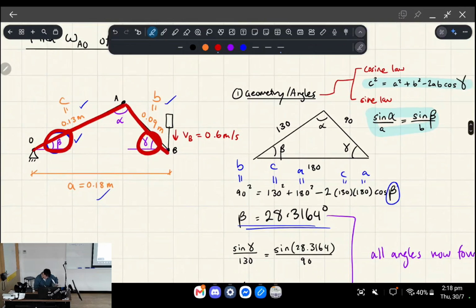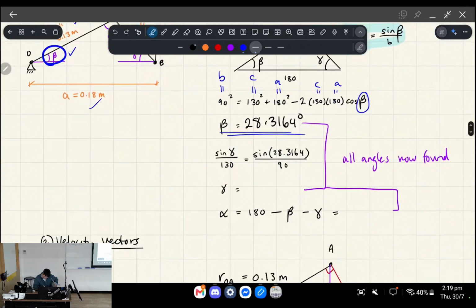We know C, B, and beta, and we don't know gamma. So our sine law, and how we apply it, is going to be this fraction, and we're solving for gamma. These are your side lengths and angles.